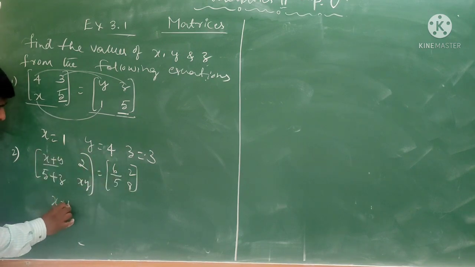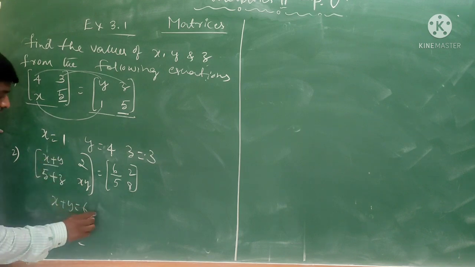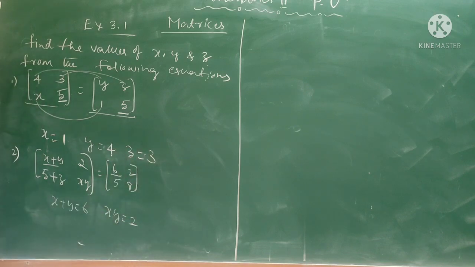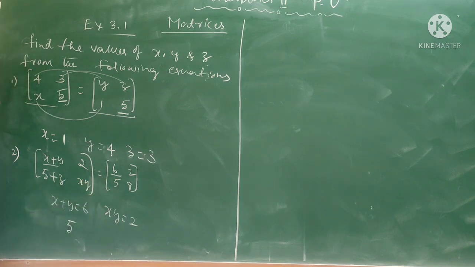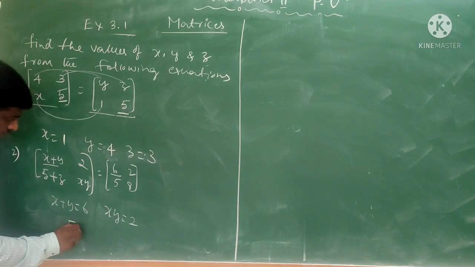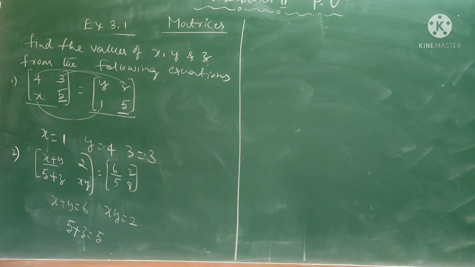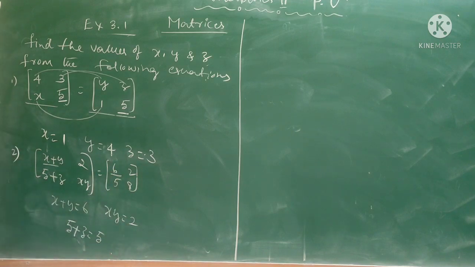X plus y is equal to 6. Here xy is equal to 2. Okay, so here 5 plus z is equal to 5. See children, x plus y is equal to 6, 2 is equal to 2.